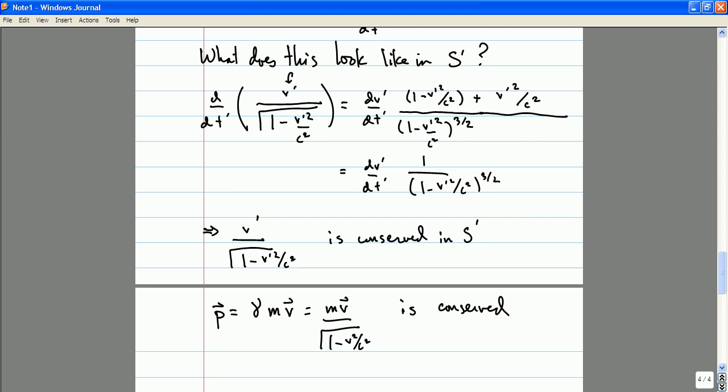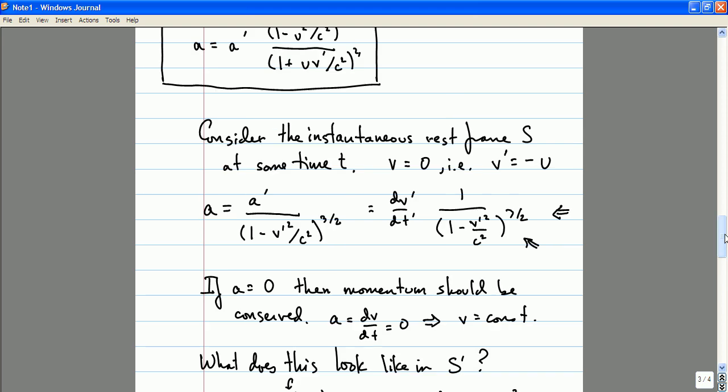If you go back to the acceleration and you put a prime on... Oh, you're asking about the case where a is non-zero? Where a is 0. Yes, that's the case we're considering here. So a is 0, so dv by dt is equal to 0. We're asking what that would look like in the frame S prime. Is there a quantity whose derivative is 0 with respect to t prime, the time in the S prime frame?